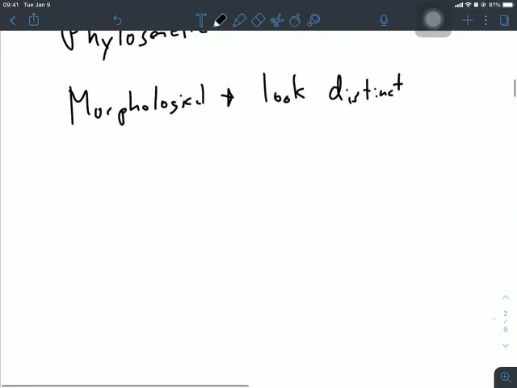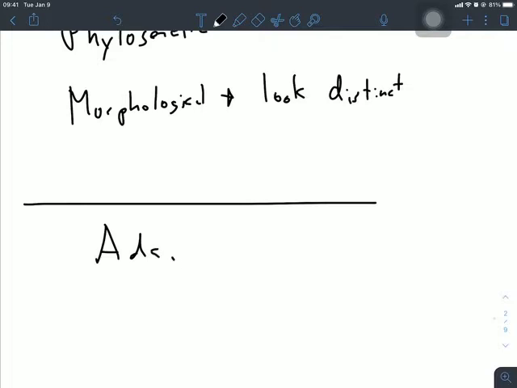Now, one of the ways in which groups will differentiate from one another is by adapting to different ecologies, adapting to different environments. When we have members of a species that are adapted to a specific environment, we'll start a new subheading here for adaptations.